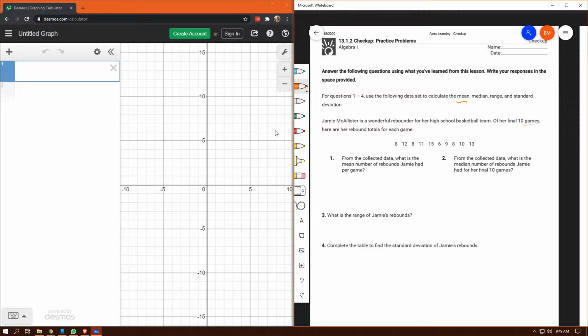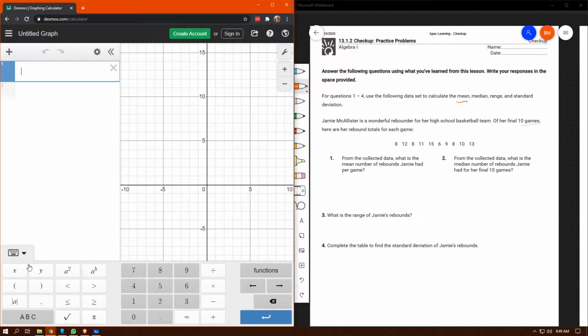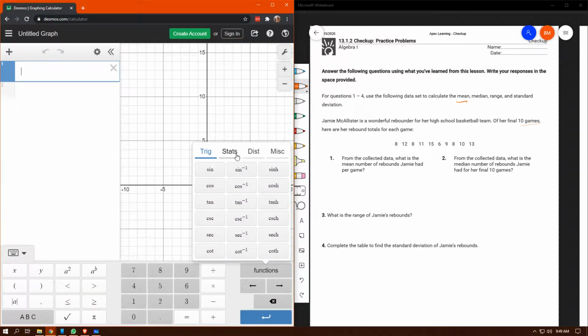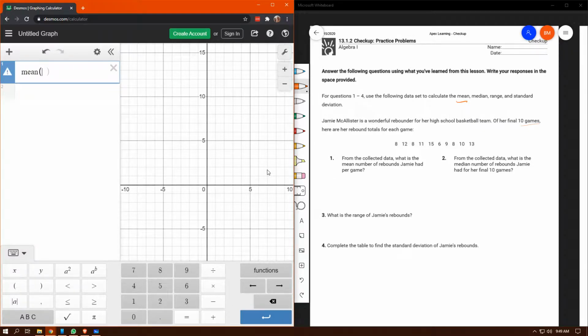So 10 games. Now, what I'm actually going to do, because maybe I'm lazy, I'm going to go over here. I have my keyboard. I'm going to go to functions, then stats, and then mean. And all I'm going to do is type in those values.